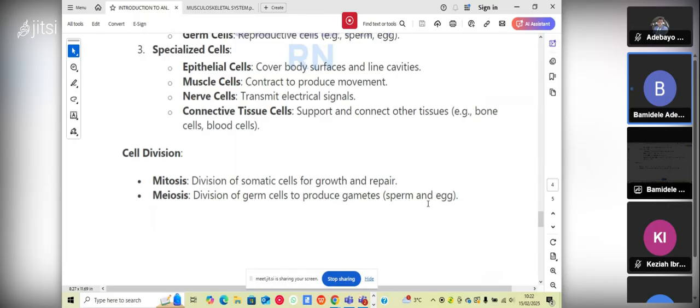It is for reproduction: the division of those reproductive cells to produce more sperm and more eggs or ova is called meiosis. Mitosis is the division of body cells, of the muscles and nerves, for growth or repair when there's damage.